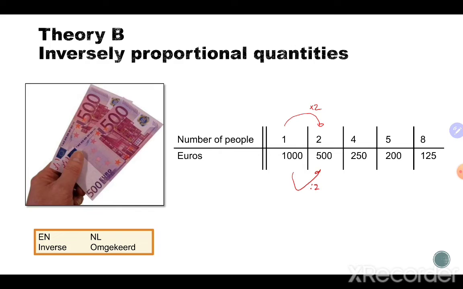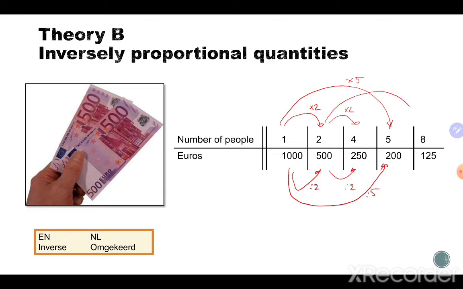At the top multiply by 2 and at the bottom divide by 2. Here multiplied by 5, which means dividing by 5 there. From here to there multiplied by 4, which means 500 divided by 4 is 125. So you just do the opposite.